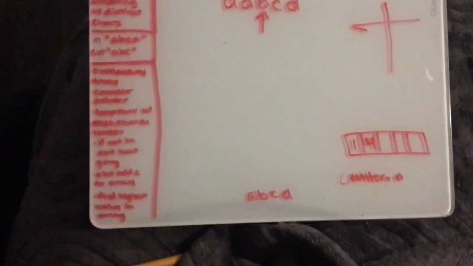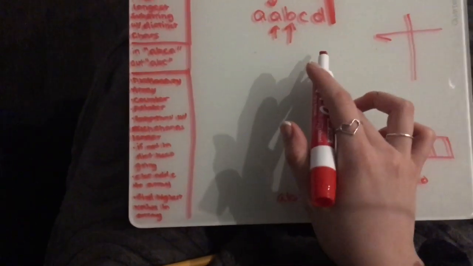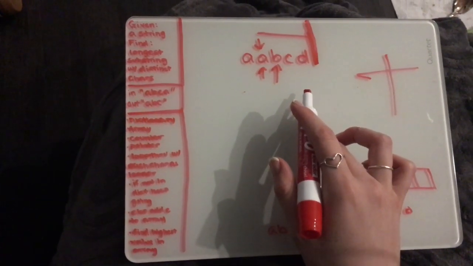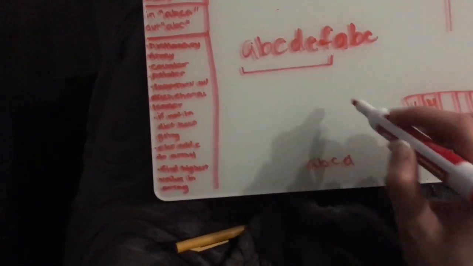What I've just realized is that if we have a character and our pointer reaches all the way to the end, then we know that this is going to be the absolute longest substring. Well, no, that's not true, because A, B, C, D, E, F, A, B, C, because that would be here.